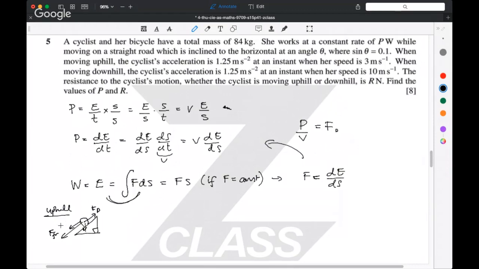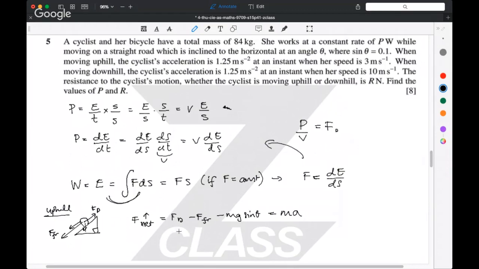So the force of friction and her weight are both teaming up to fight the driving force. So the net force pointing uphill is the driving force minus the force of friction, the resisting force, minus mg sine theta. And this is equal to mass times acceleration.